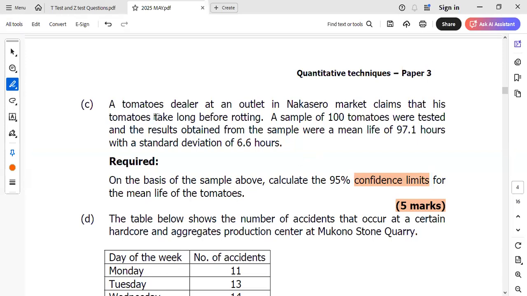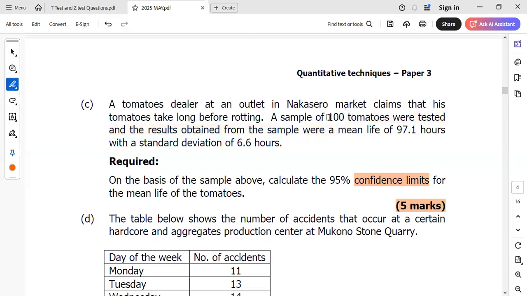What are you given? A tomato dealer at an outlet in Nakaseke Market claims that his tomatoes take long before rotting. A sample of 100 tomatoes. What comes into your mind immediately?